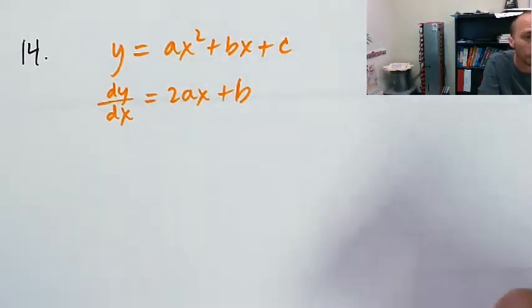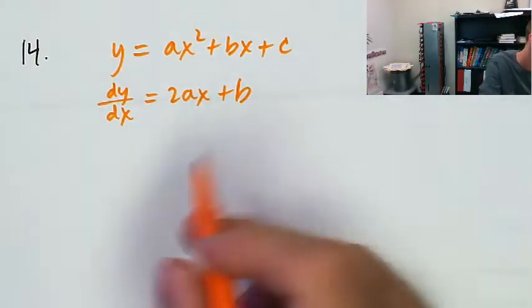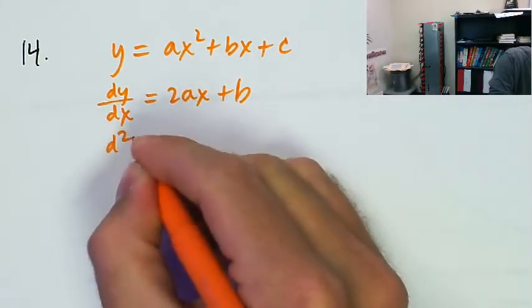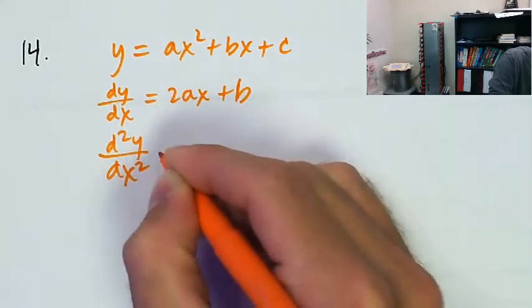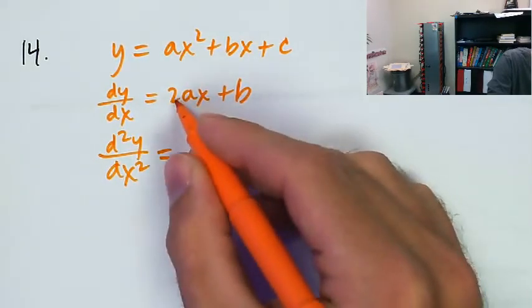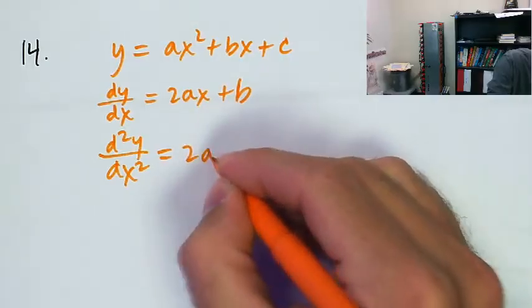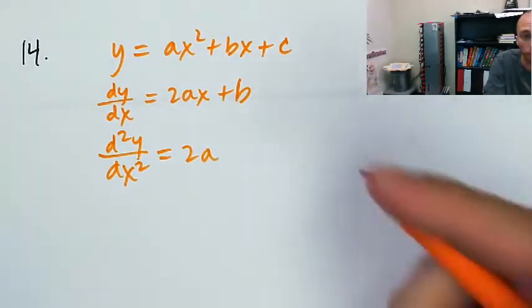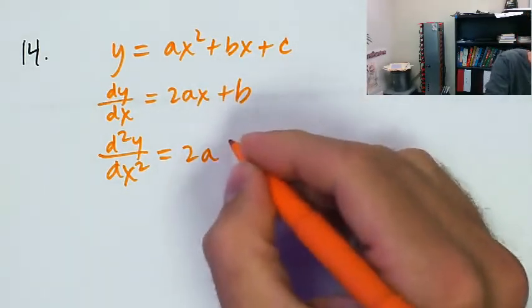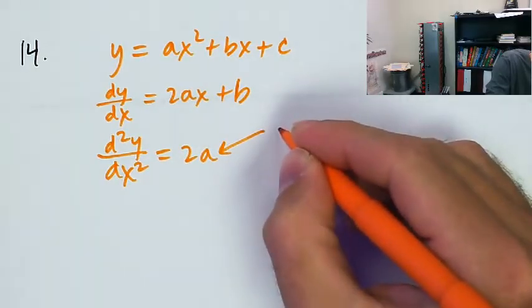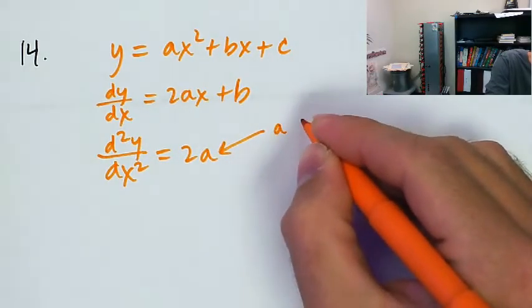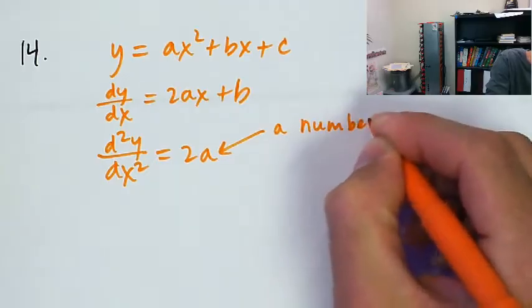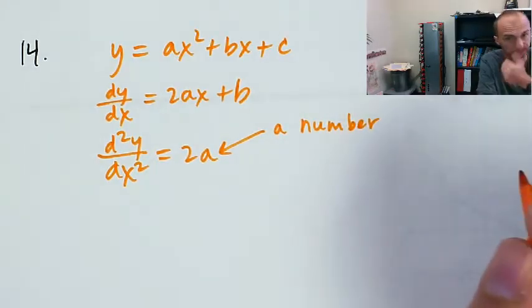I think I mentioned that earlier on in the year, but in case I didn't, I need to tell you that. And then the second derivative with respect to x both times is, well, the derivative of 2 times a times x is just 2a, and the derivative of b is a number, so that's going to be 0. So this is just a number. Okay?